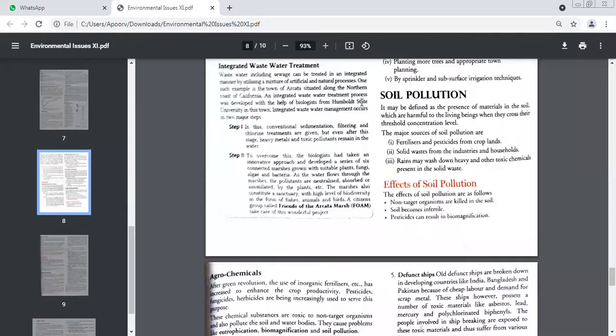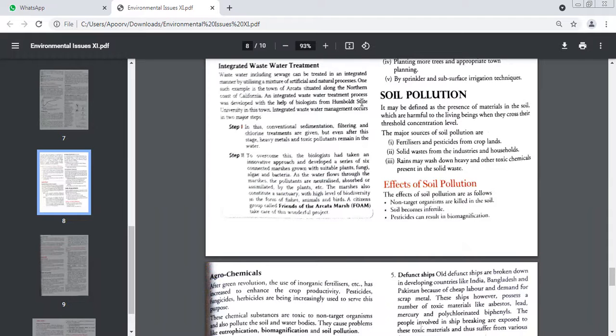And when they cross a threshold concentration level, what do you mean by threshold concentration level? A limit. Yes, there is a limit. When we cross that limit, we say crossing the threshold concentration level. So up to a certain level it's okay, but if we cross that threshold mark, then it becomes very, very harmful.